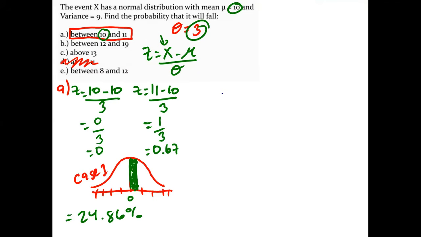How about for B? So, B, we have Z is equal to 12. So, 12 minus the mean, which is 10 over 3. So, 2 over 3, which is, oh, it's not 0.67 pala dito. It's 0.33.